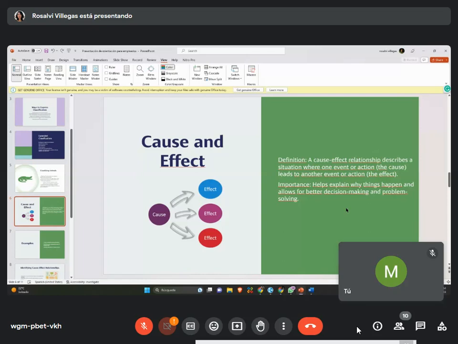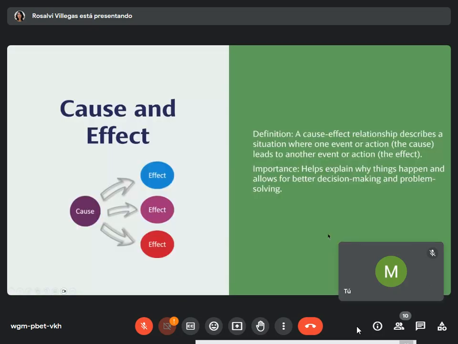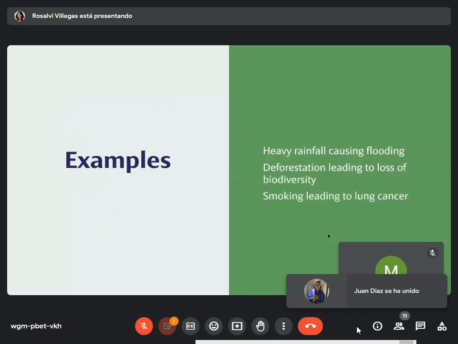This is an important thing when we are talking about how to interpret the world and the information around us. So, an example of a cause and effect relationship is that a heavy rain can cause flooding.